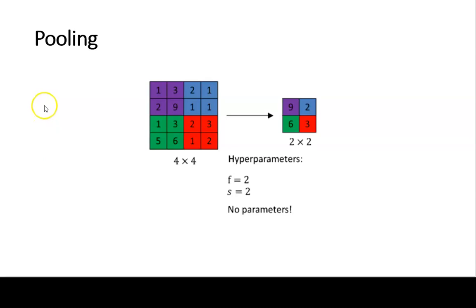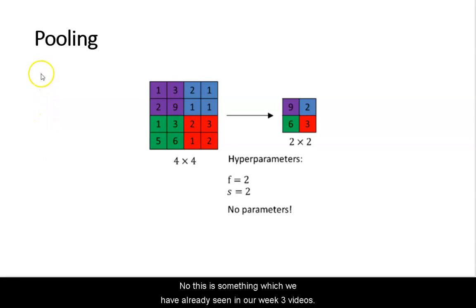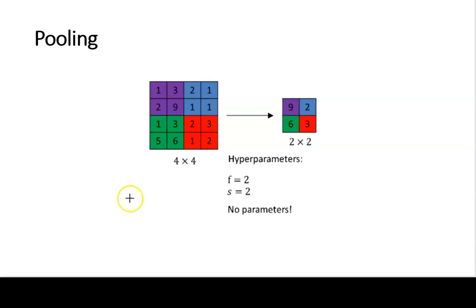Pooling layer. Now this is something which we have already seen in our week 3 videos. As we know, in a pooling layer, suppose I am doing a max pooling with a filter size or a window size of 2, a stride of 2, and I am applying a pooling on a 4x4 object, then it results in a 2x2 object.